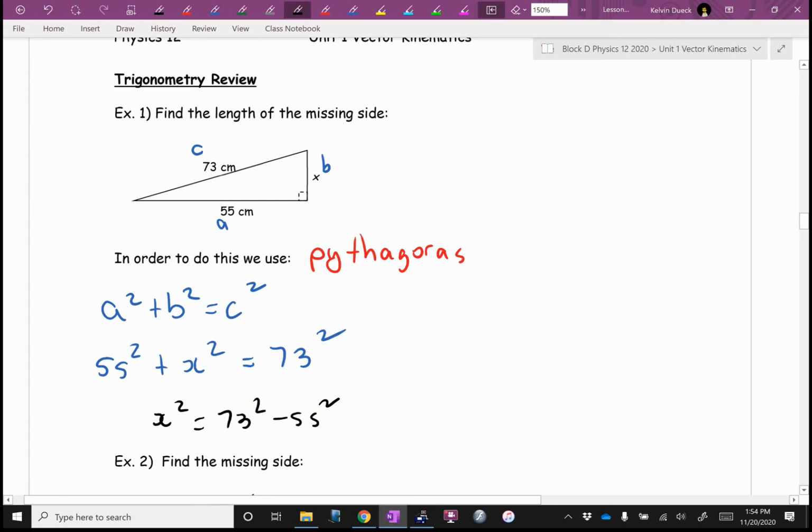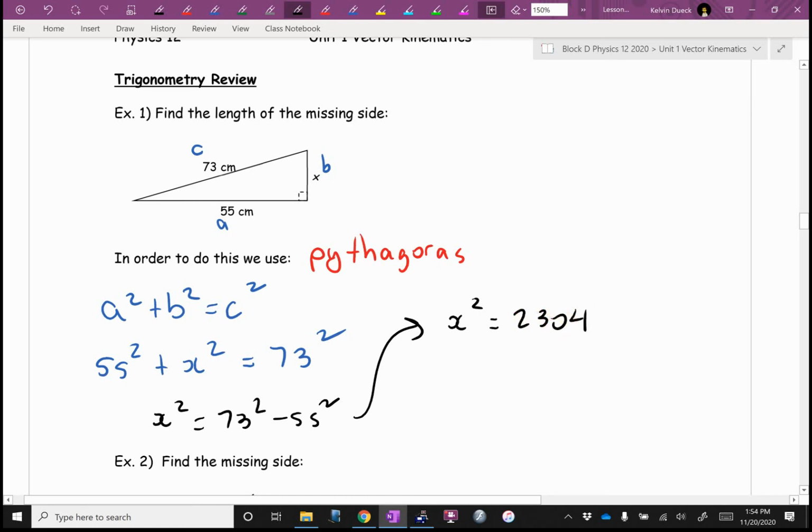And I would go to my calculator now, and I would type 73 squared minus 55 squared. I would hit equals. What does x squared equal? What'd you get? Anyone? 2,304.